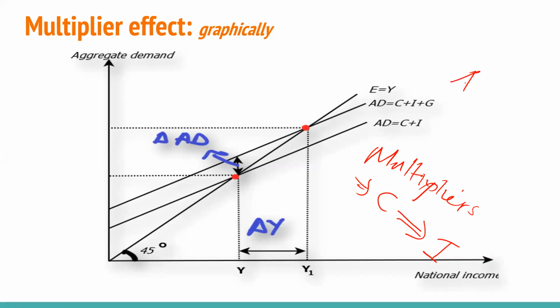When, on the other hand, we talk about accelerators or the accelerator effect, it's the opposite of that: the investment leading to consumption. So they are opposite to one another, but they work in tandem. They are basically two concepts that must not be seen as being foreign to one another. Any question?